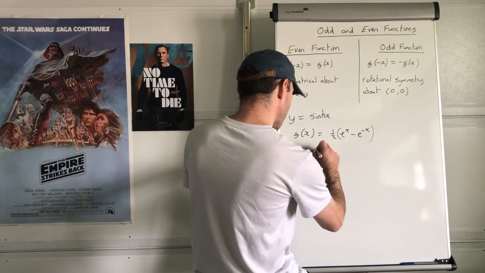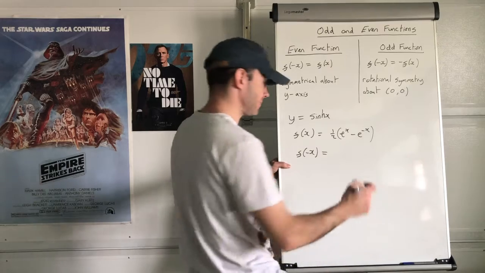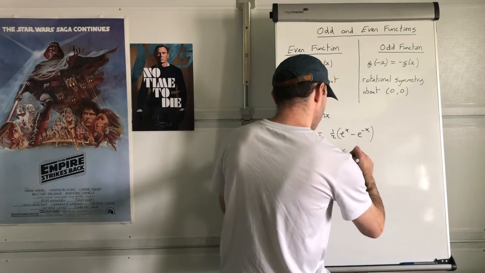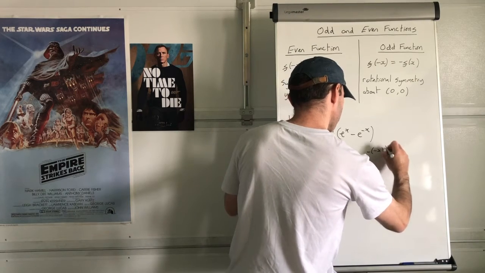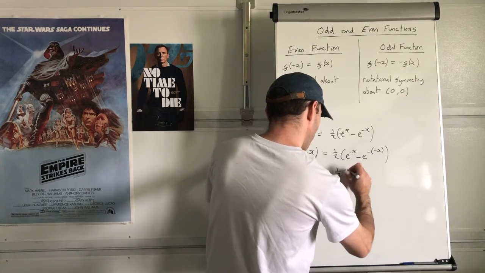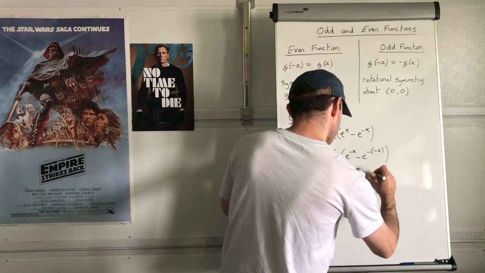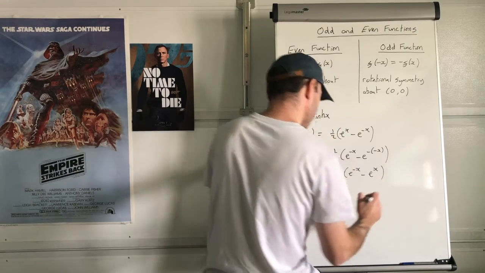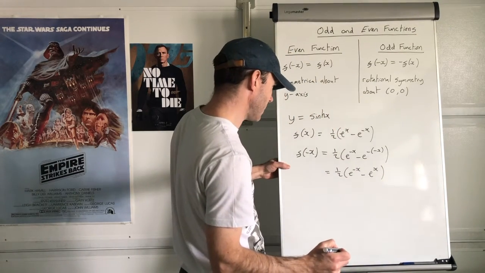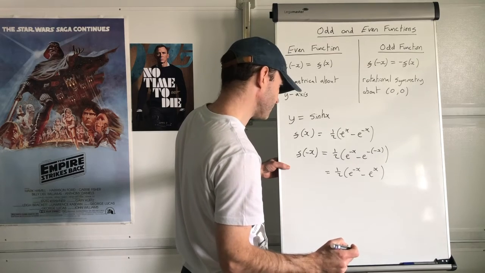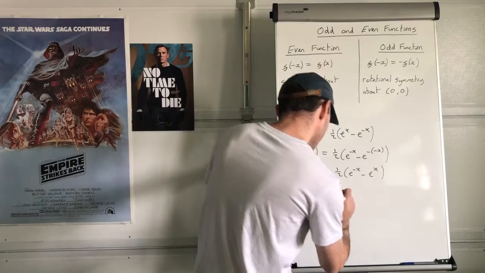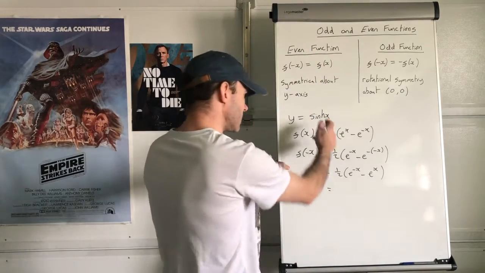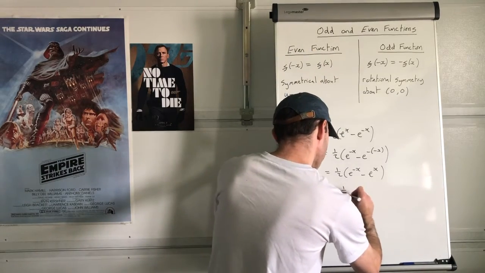Okay, and then you write out the definition of sinh x, which is that, and then what you do is you'd write down what f of negative x is. Okay, so half of e to the negative x, subtract e to the negative of negative x, and then just write half e to the negative x, subtract e to the x. And then in order to have it looking the same as that, we've got to put negative outside the brackets.